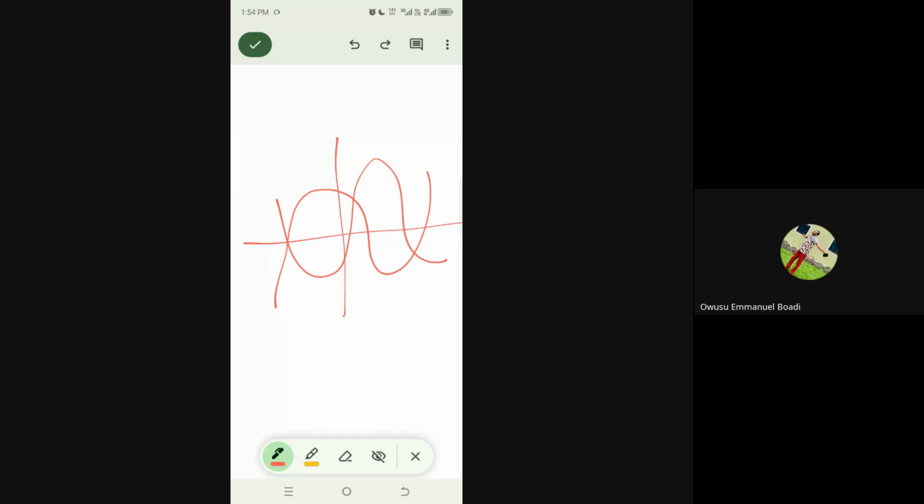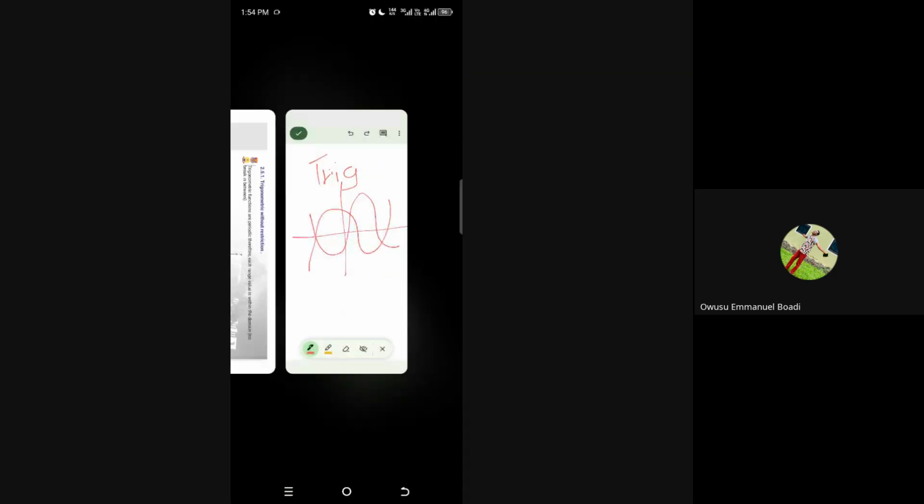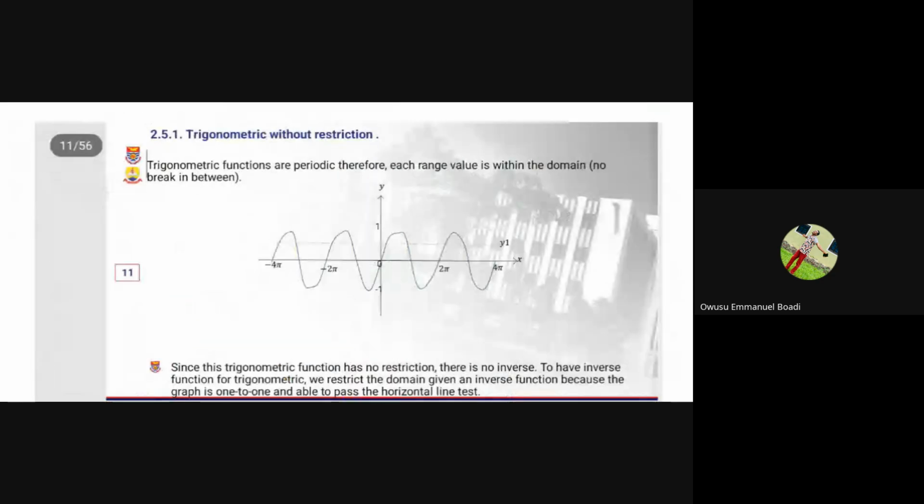So trig functions are periodic. What happens is that if there are no restrictions, then it will not be a one-to-one function. Trigonometric functions are periodic, therefore each range value is within the domain, no break in between.